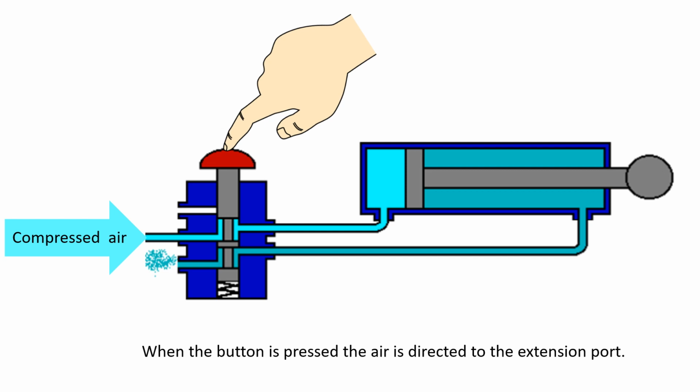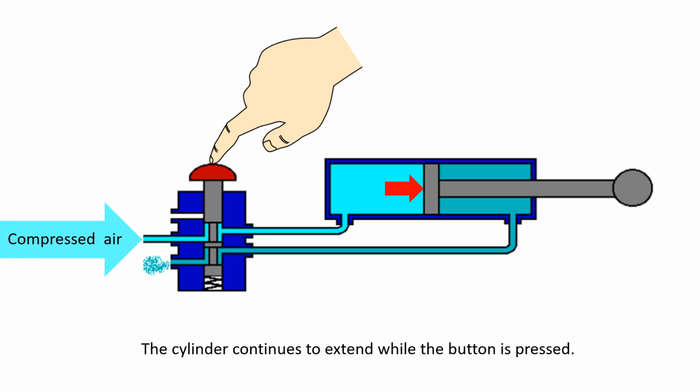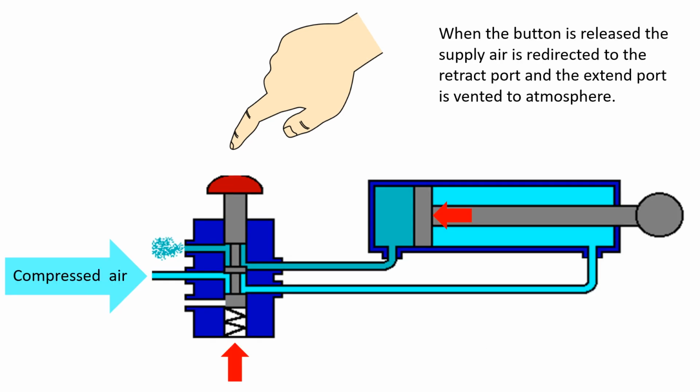When the button is pressed, compressed air is now diverted to the extender port. Note that the retract port is now vented to the atmosphere. Releasing the button will reverse the flow. When releasing the button, a spring returns the spool to the normally open position on the retract port.